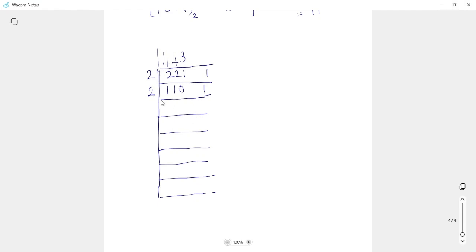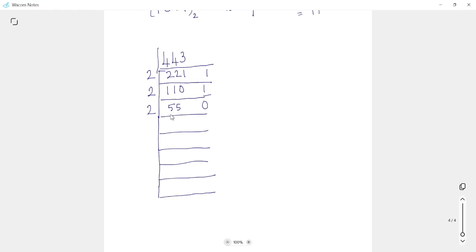Okay, let us keep going. I have 110. I'm going to divide it by 2 again. So this becomes 55, and there is a remainder of 0 because 55 evenly divides 110.